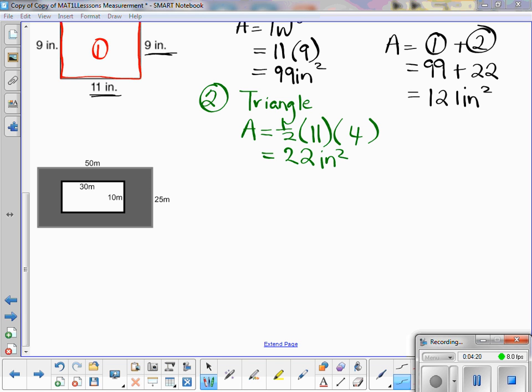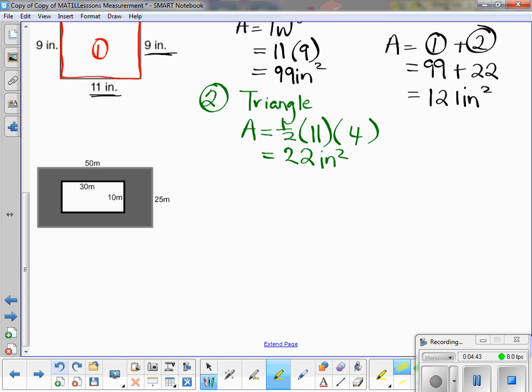So this time, it looks like I have 2 shapes. It looks like inside here is a rectangle, and the big one is also a rectangle. So it looks like I have 2 rectangles, and I've used that formula already before, so that's fine.